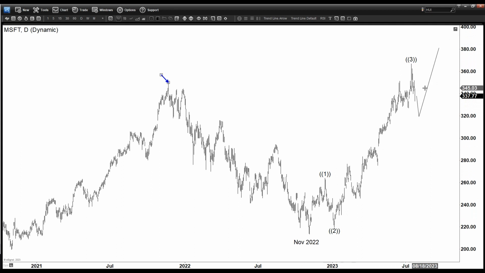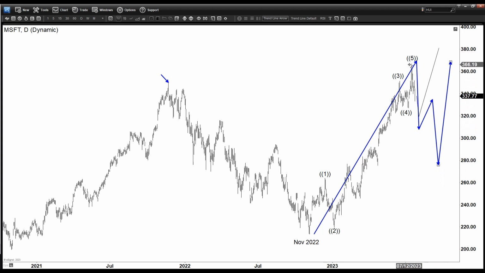And in the worst case scenario, you can put the 3 here, 4 here, 5 here, and then we can see a bigger pullback of the entire rally from November. In that case we can get a bigger 3 waves pullback like this and then higher again.